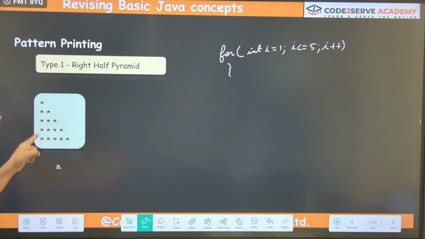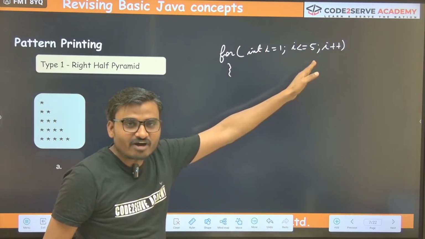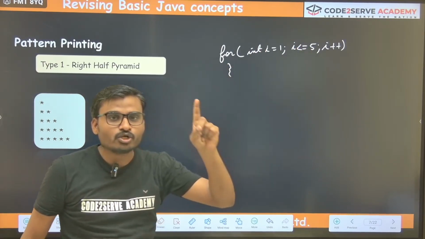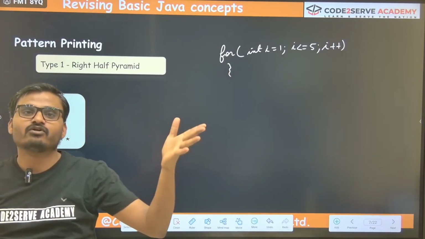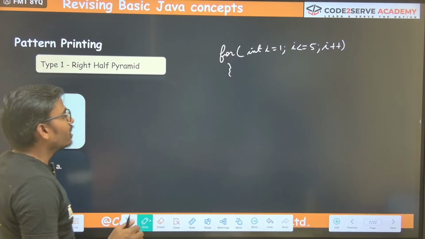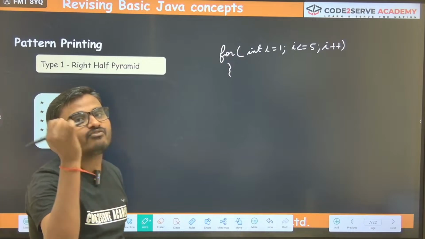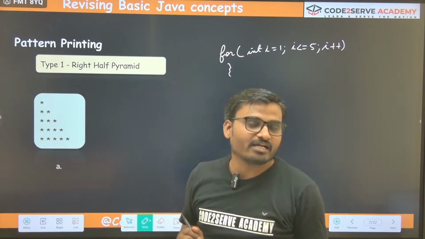So this was the first task. First task was to write the number of rows it will get executed. So number of rows was 5. So you have written I will start from 1 and I will go till 5. 5 is also included. So 1, 2, 3, 4 and 5. So total 5 iterations will be there. So that first part is done. Next, now you see in each row how many columns we are printing, that you have to find the logic.